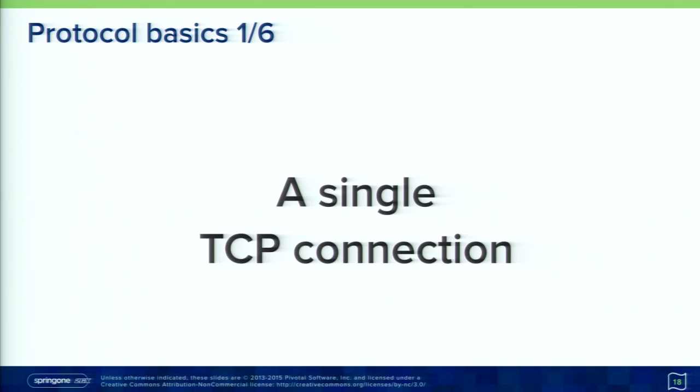And one other thing about a single TCP connection, HTTP2 is not only trying to make one TCP connection for communications between the client and server, but it's also trying to reduce the number of TCP connections overall. Meaning there's a feature in the protocol and in other places that can help you do connection coalescence.